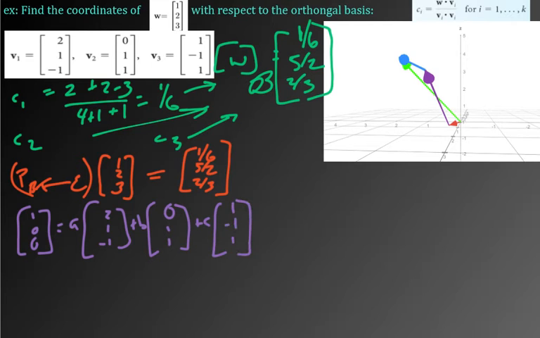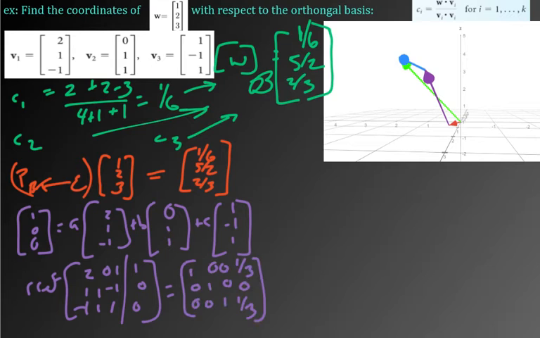And so we just do a matrix: we do RREF of this matrix, augmenting it with i hat, 1, 0, 0. And if you do that, you would get this. So you can see that A here needs to equal 1/3, B is 0, and C is 1/3.